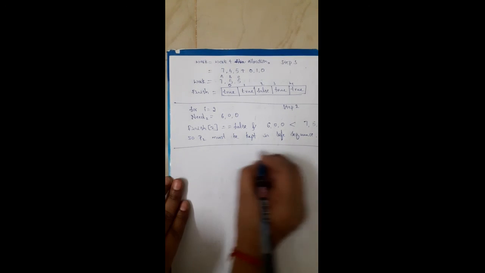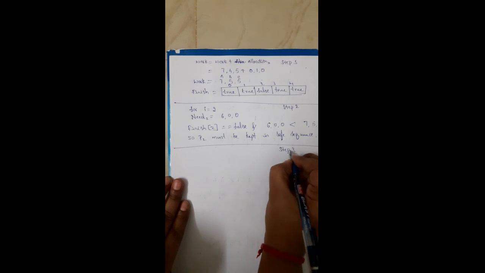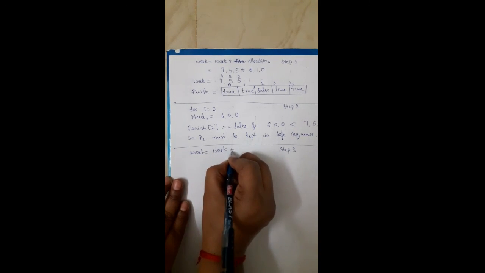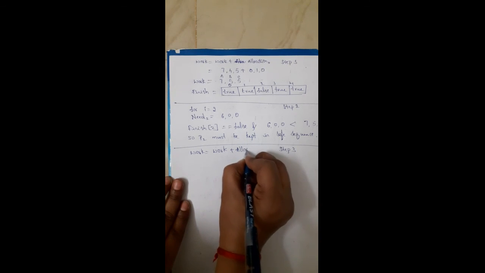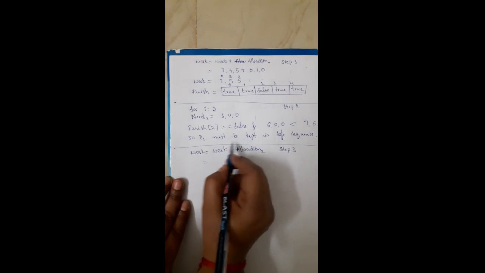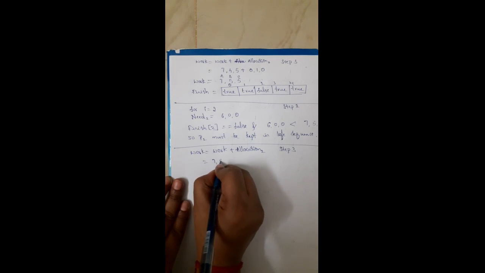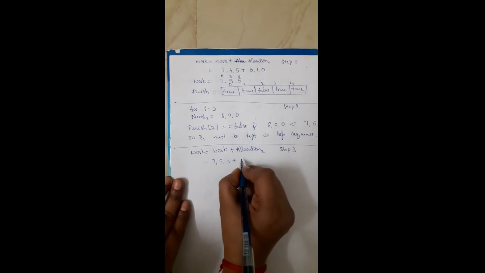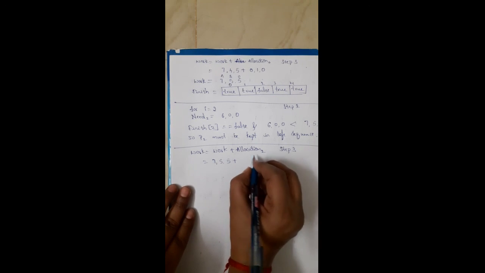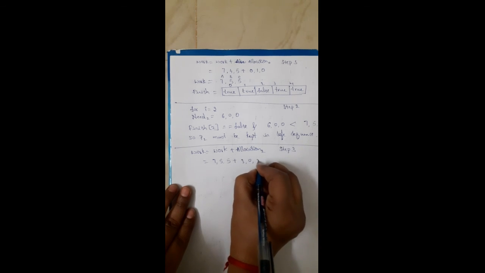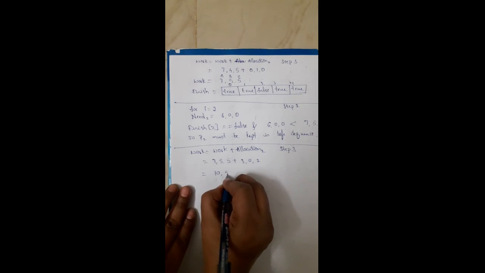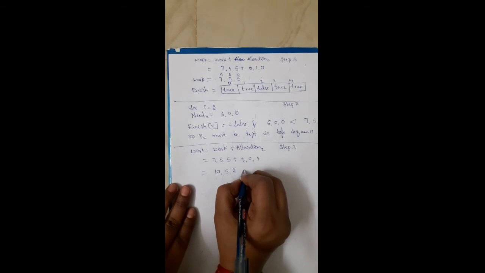And this finishes, we'll move to step number 3, where work is equal to work plus allocation of which process? That is P2. Work is what here? It is 7, 5, 5. Allocation is, you can check in the column, that is 3, 0, 2. If you add it up, it is 10, it is 5, it is 7.